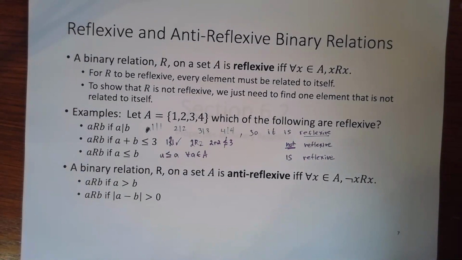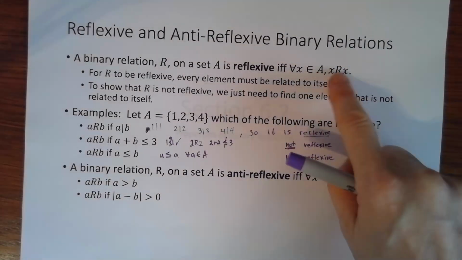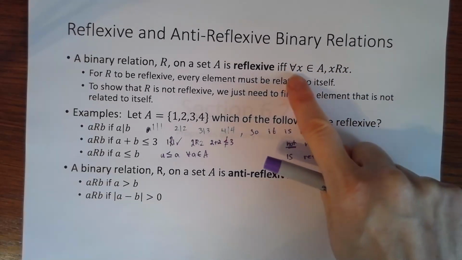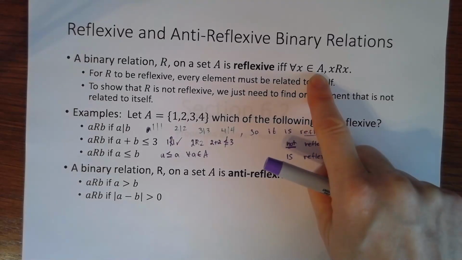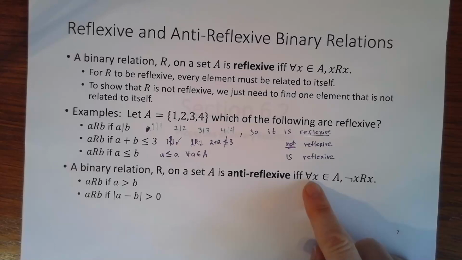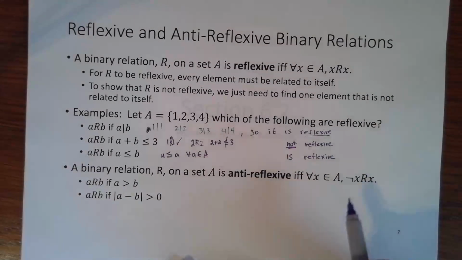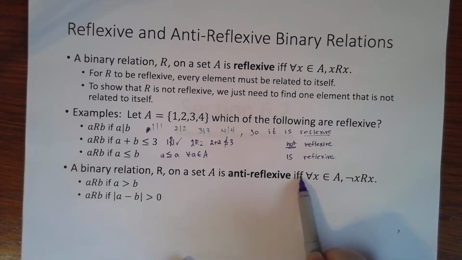Anti-reflexive just means that, instead of for every x in the set, it is related, it's for every x in the set, it's not related. Now we could also write this another way. If we moved this negation out past the quantifier, that quantifier would have to change by De Morgan's law for a quantifier.